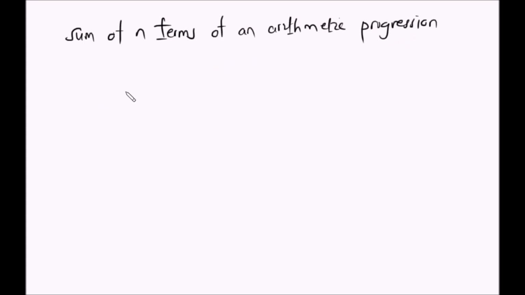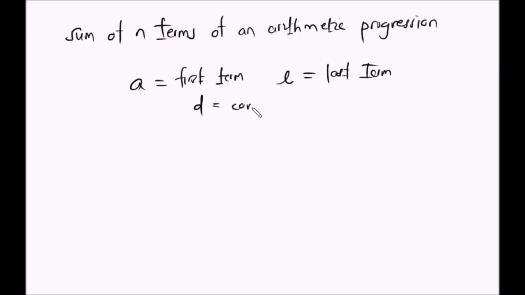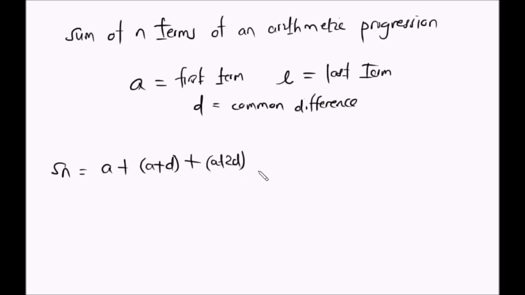Let A be the first term, L be the last term, and D be the common difference. So the sum of n terms will be: take A, the first term, plus the second term, A plus D, plus the third term, A plus 2D.